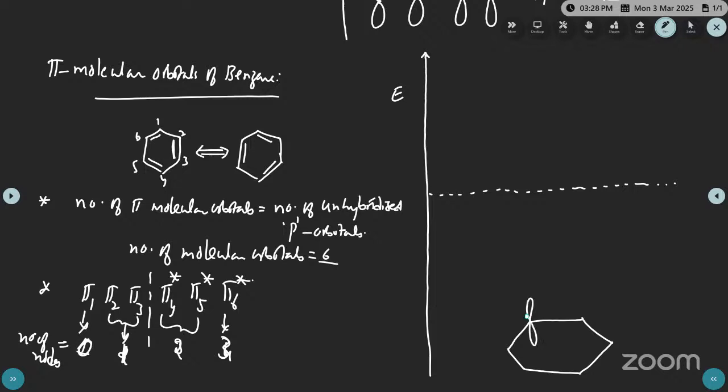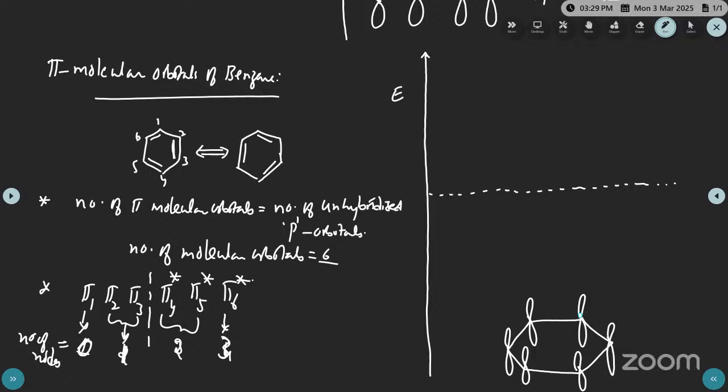How many nodes do you have to maintain? 0 nodes. 0 nodes means all lobes have the same sign. All top lobes have the same sign. Top lobes, so these are top lobes. Let's color them all the same.